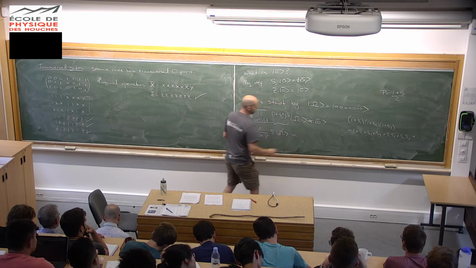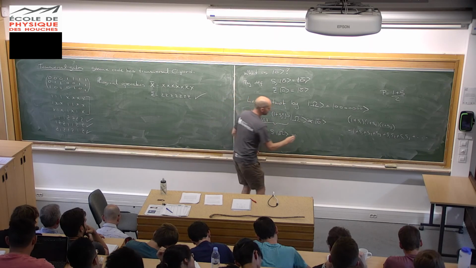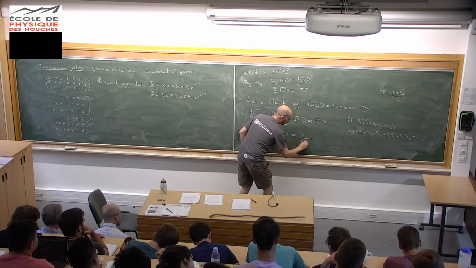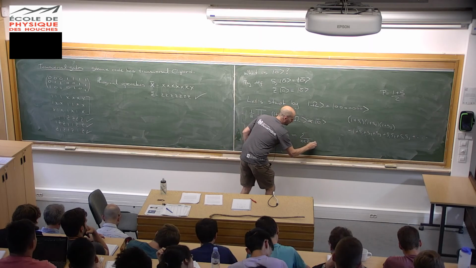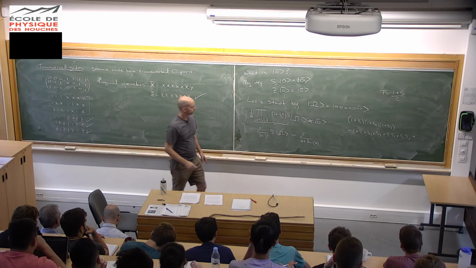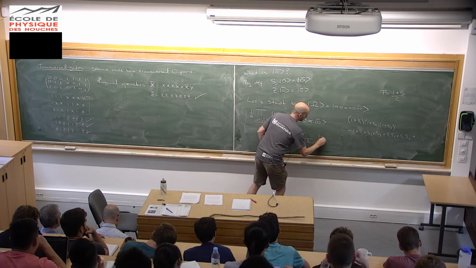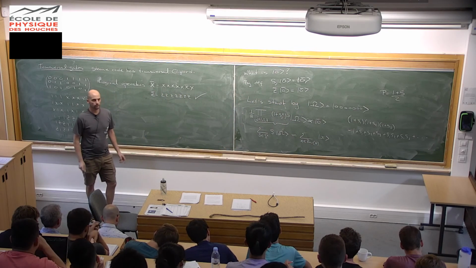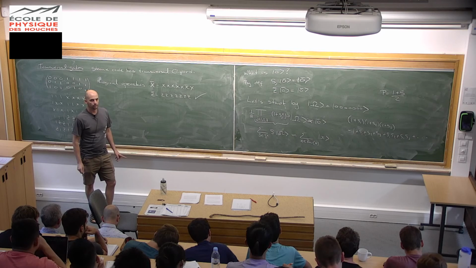So I can say this is equal to the sum of every x in the row space of my Hamming code. This is my logical 0. Are we all good?